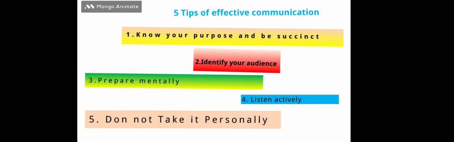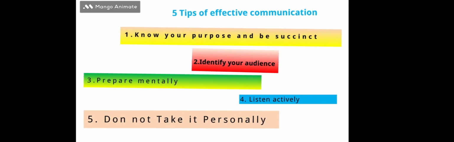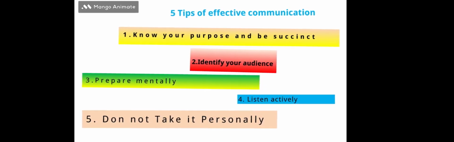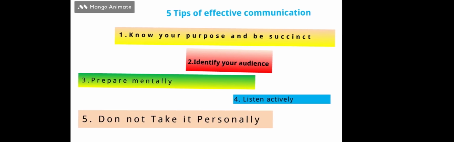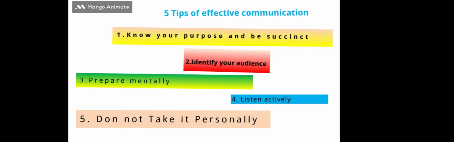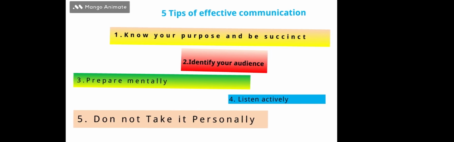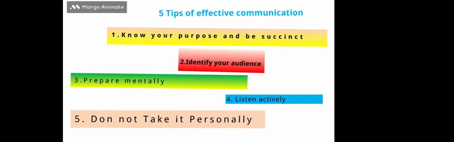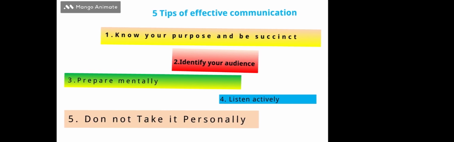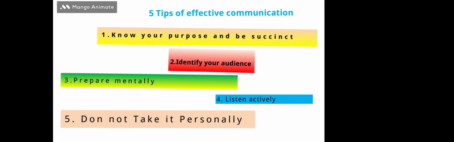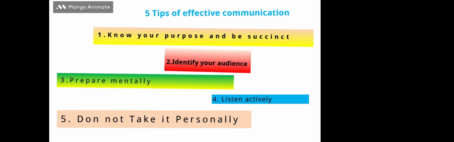The second tip of effective communication is identifying your audience. Identifying your audience will help you to make an effective decision for your communication, because there are factors that affect how we structure the way of communication. For example, the age and status of the audience.